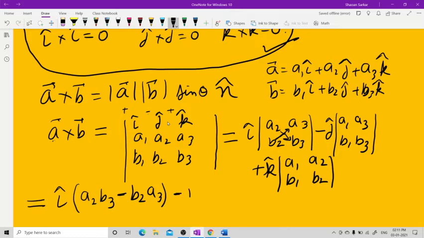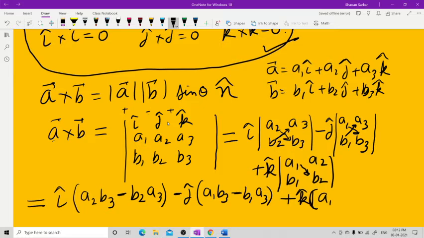Now minus J cap, put a bracket, A1B3, and then minus, because you are multiplying in this direction, B1A3. Now plus K cap. Now you will multiply in this direction, it will become A1B2 minus B1A2. This is A cross B.